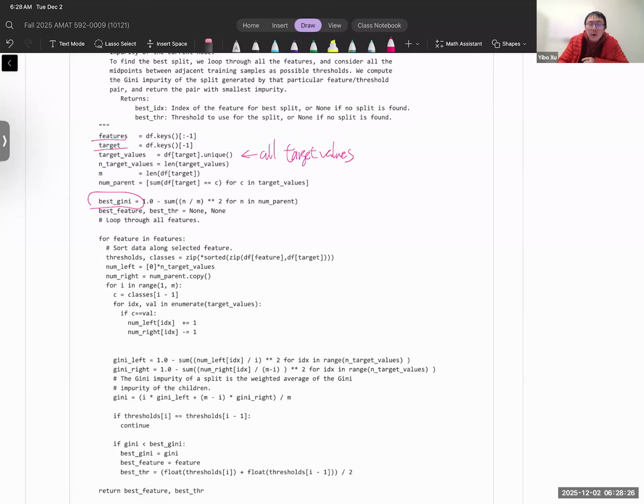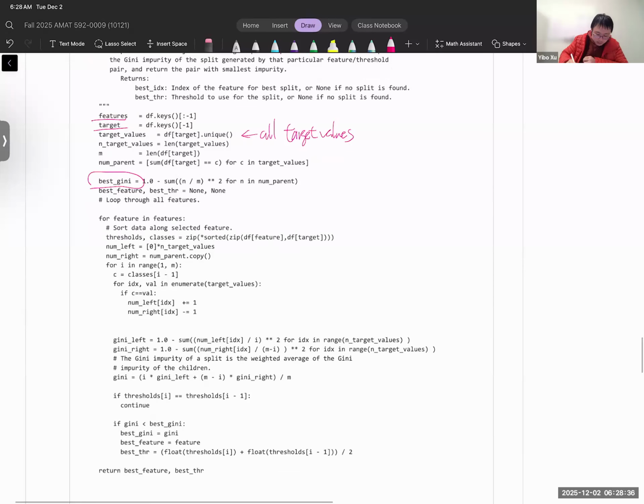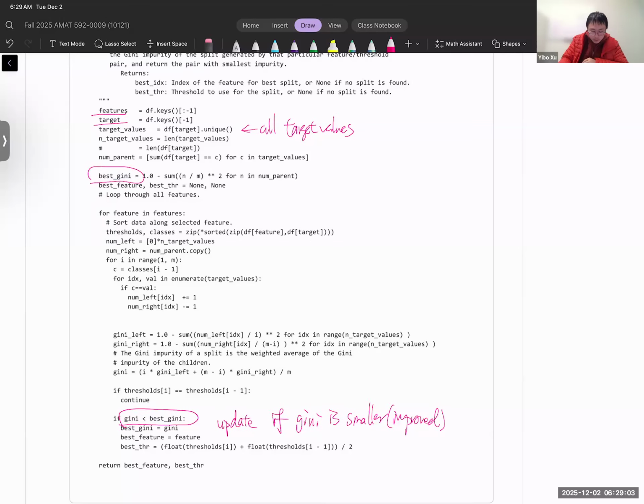So you don't really need to update if your Gini at the moment is better, which means larger than the best. But if Gini is smaller than the best, then update. So update if the Gini impurity is smaller, sort of improved, comparing to the current best.